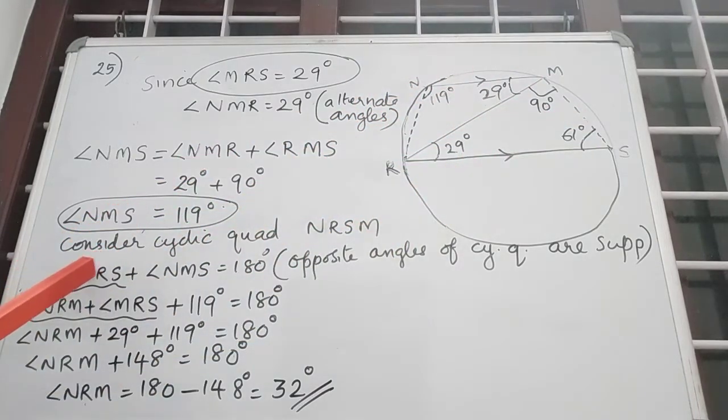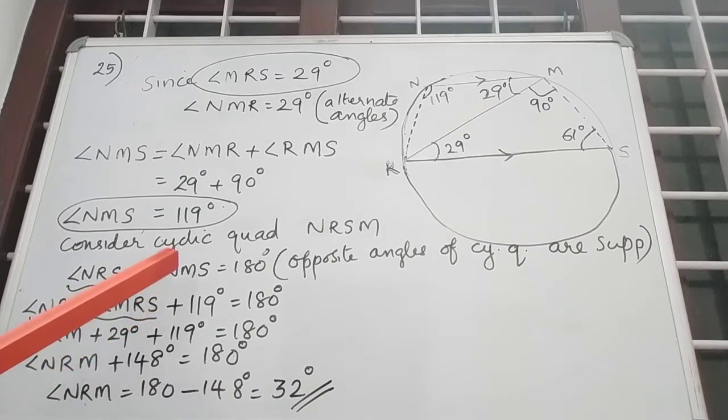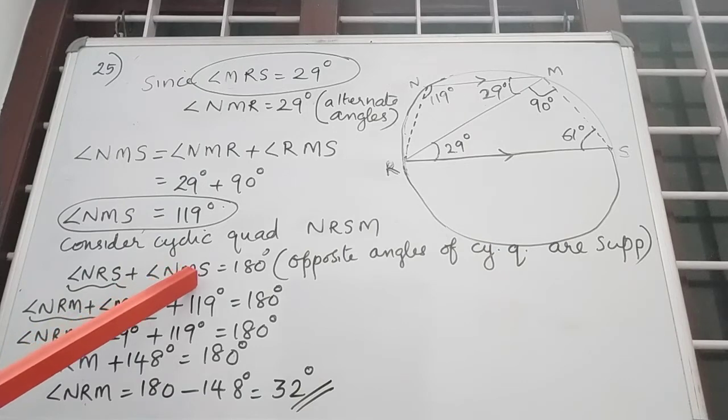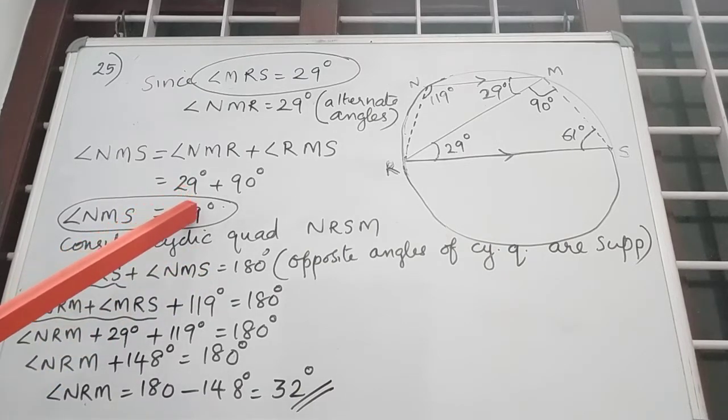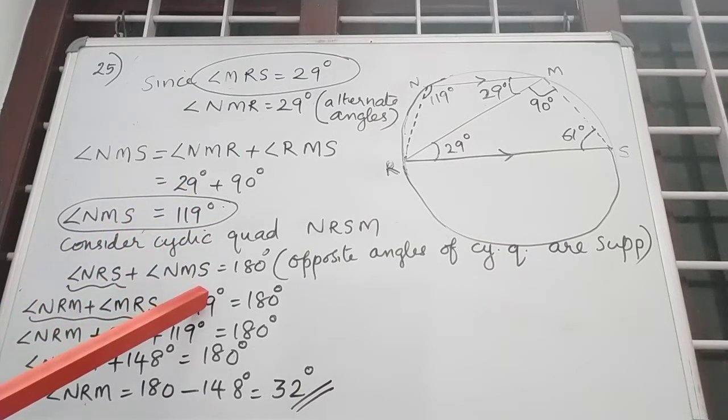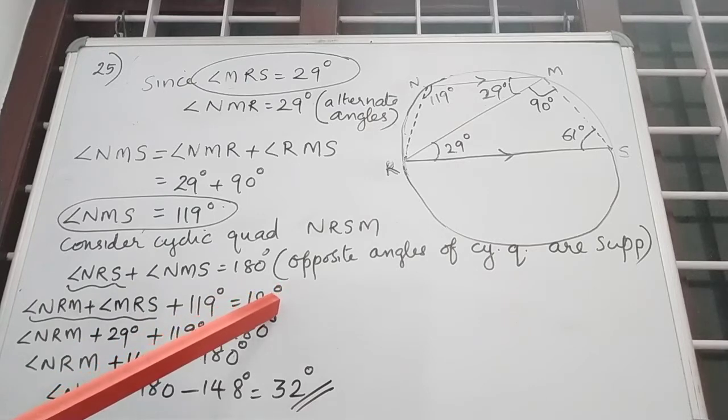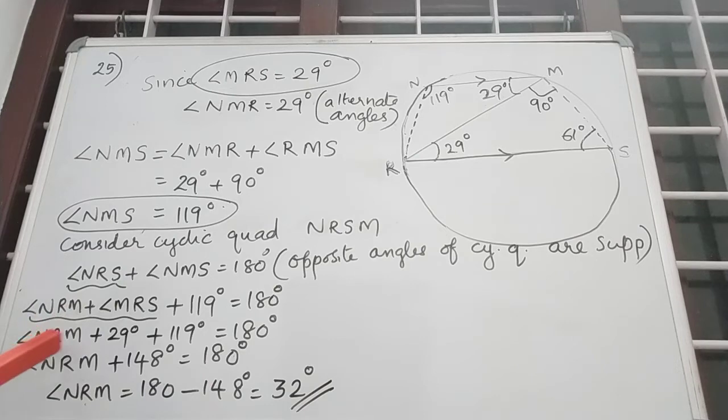So NRS we can replace as NRM plus MRS. We already know NMS is what? 119 degree. So that is equal to 180 degree. So look at that, NRM we want to find out. What about MRS?